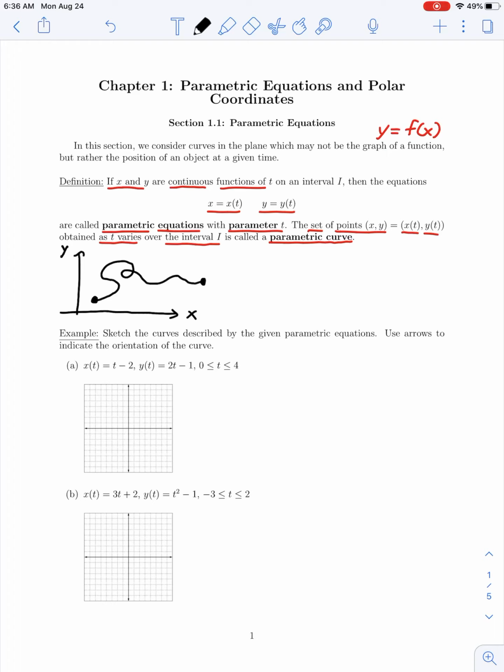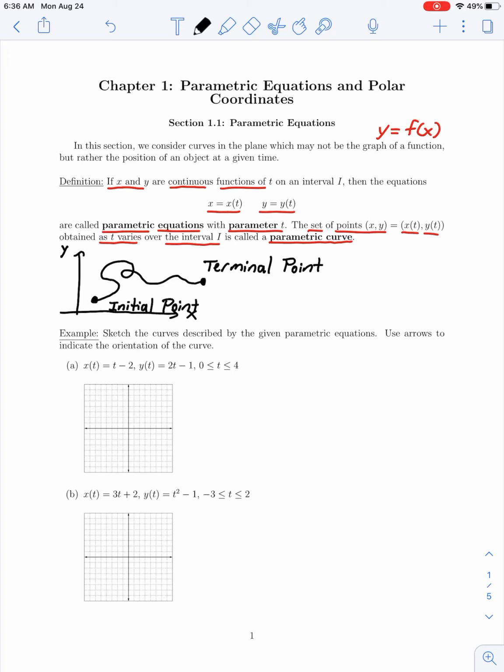So our starting value is called an initial point, and we might have some ending point, which would be called a terminal point, as the values of t range over some interval I.